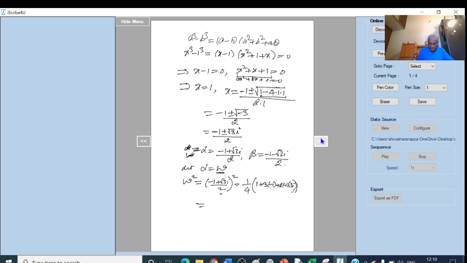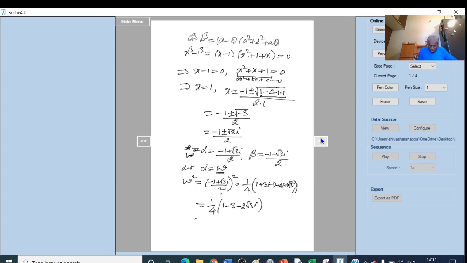This is equal to 1 by 4 into (1 - 3 - 2 root 3 i).